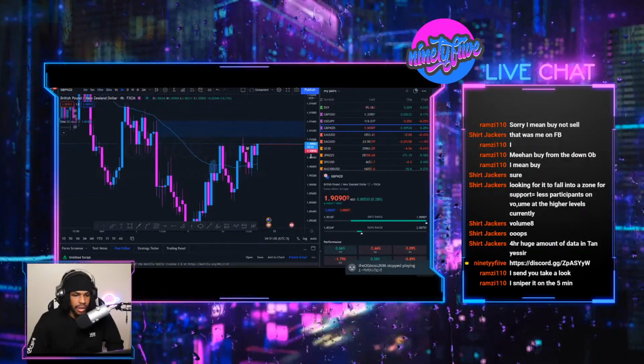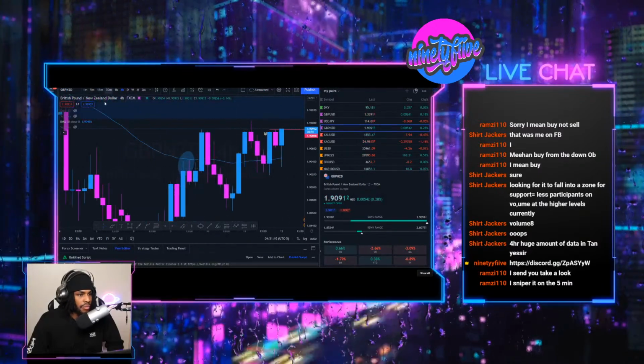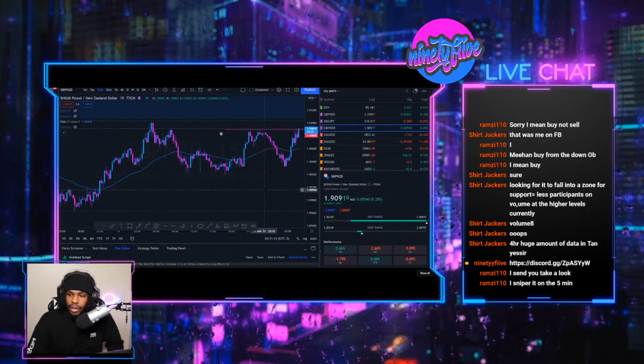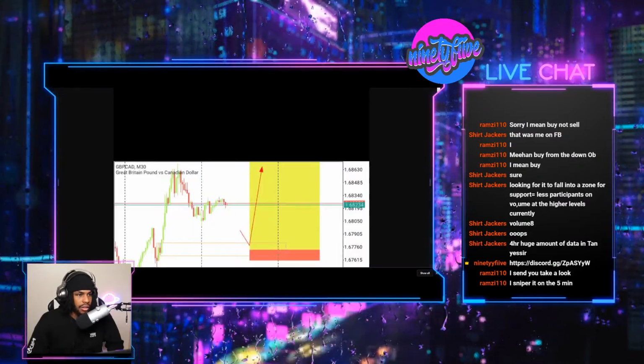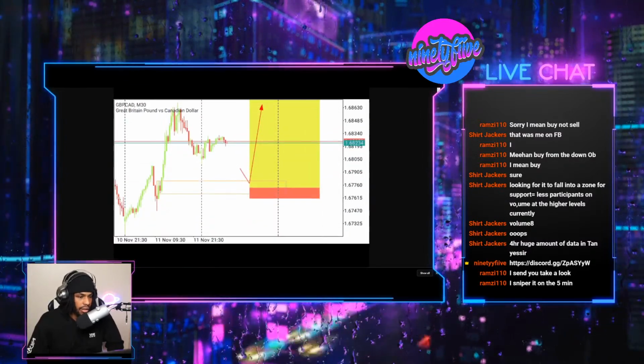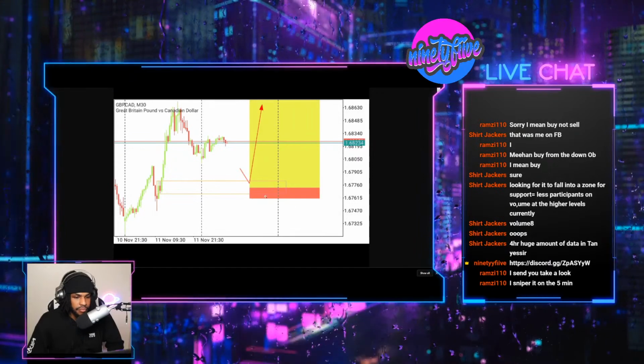Looking for a sell-off on GN. If anybody wants to mess around with me on this one, then feel free. But yeah, that looks like a good setup though. That was the order block I was looking at. If I were to take a buy anywhere in this structure, it would be right there. That looks solid.